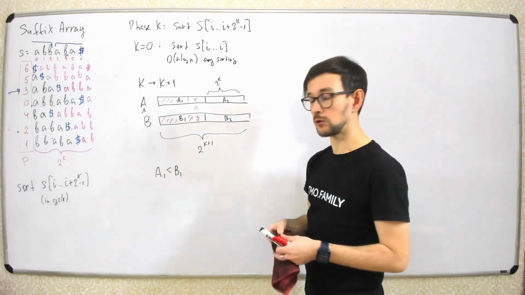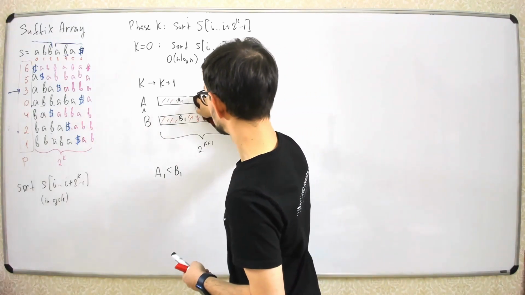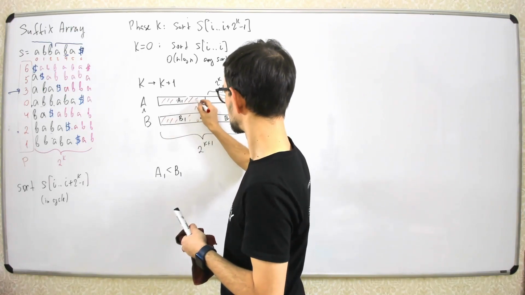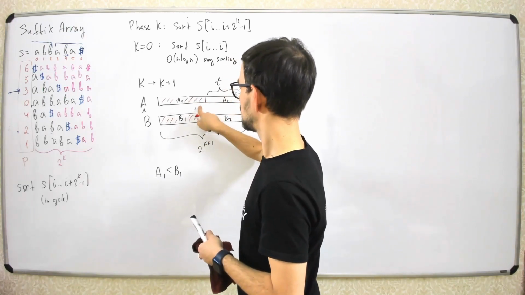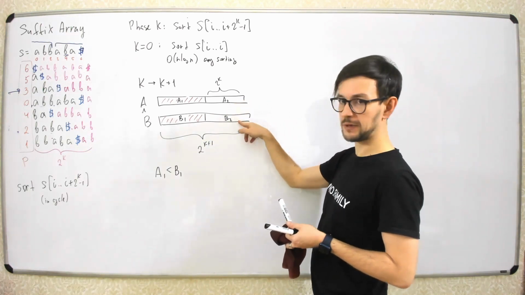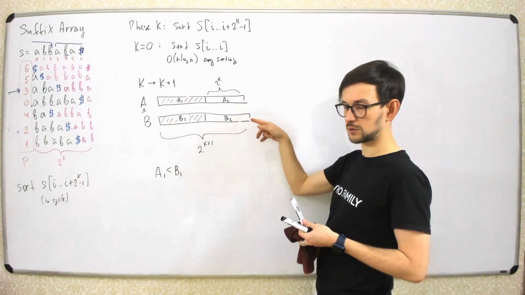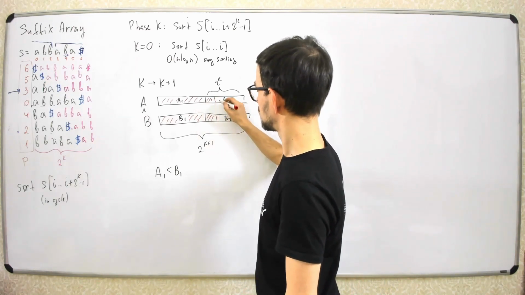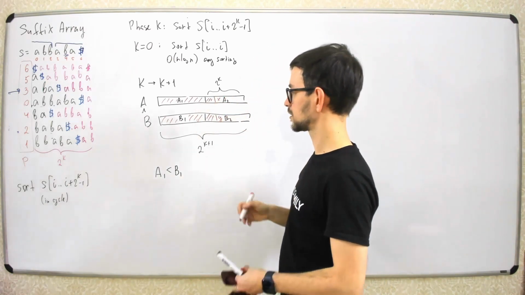Now, if A1 is equal to B1, if we have two equal strings here, then we need to compare A2 and B2. We have some character here and some character here.